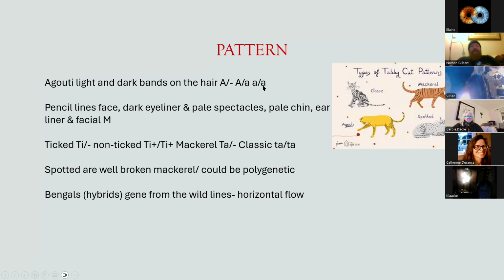The non-tabby pattern, this non-agouti gene, it is impervious over the red gene. So red and cream cats will generally still appear tabby, even if they're genetically not. And you often get some degree of ghost markings on some solid colored cats.